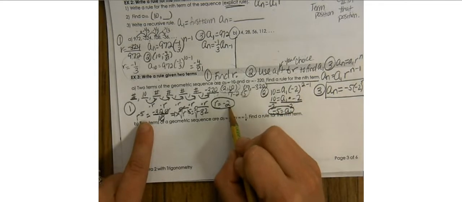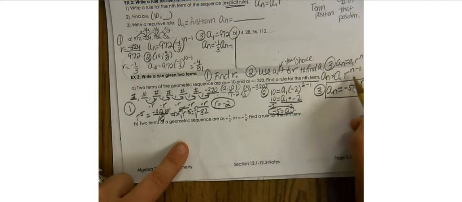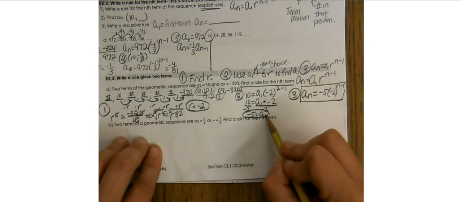Whatever came last will go on top. Whatever came first will go on the bottom. And then we solve for r. After you do that, you're going to pick a point of your choice, substitute it into the function, find what the first term is, and then plug everything into the explicit rule.